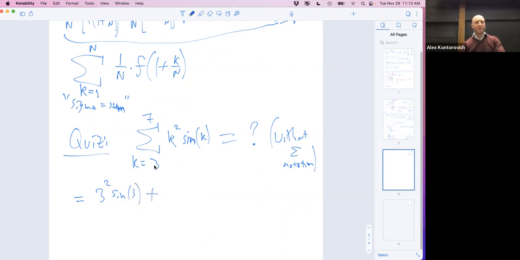Plus, that's what sigma means, we're going to add up all these things. What's the next term? 4 squared. Yeah, 4 squared sine of 4. Okay, so give yourself a point for this one, give yourself a point for that one. Then there's a 5 squared sine of 5. Another point, 6 squared sine of 6. Okay, this is kind of silly. 7 squared sine of 7.